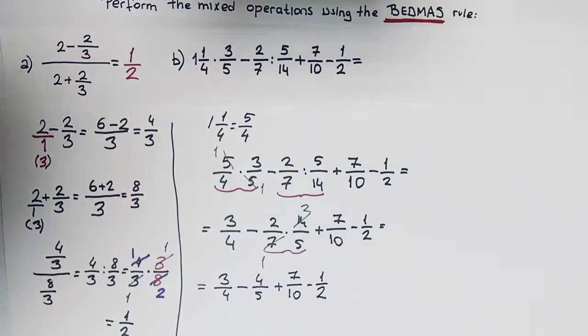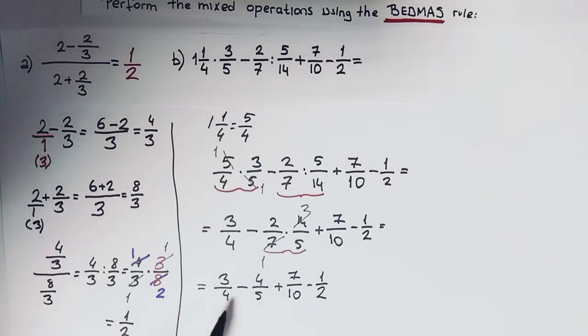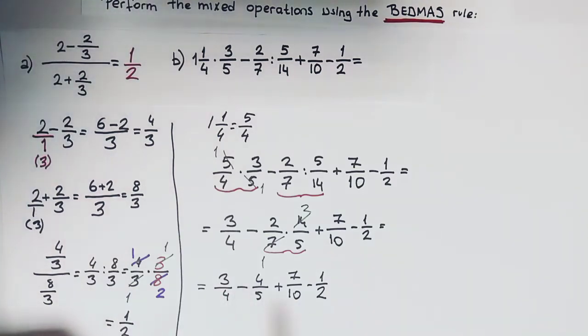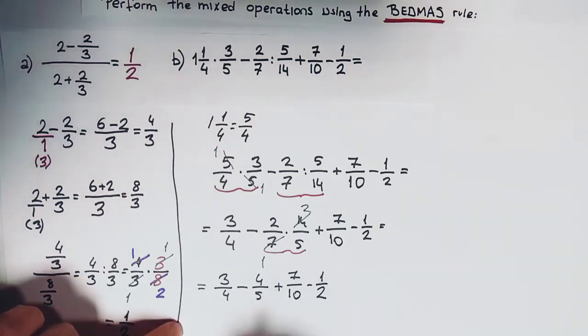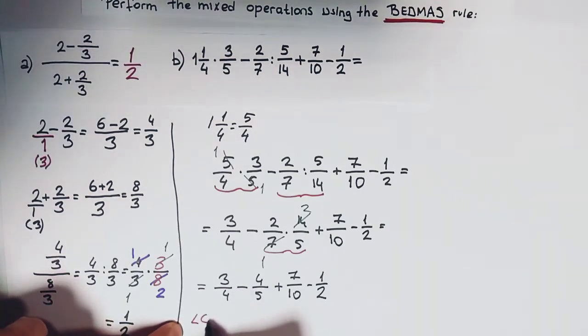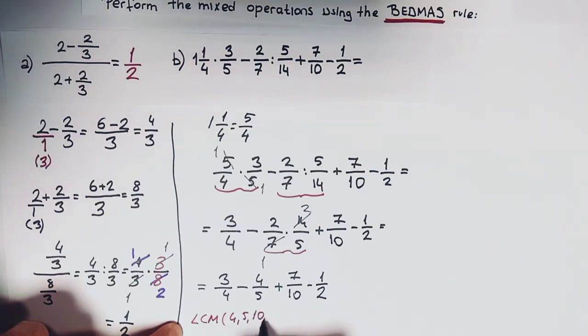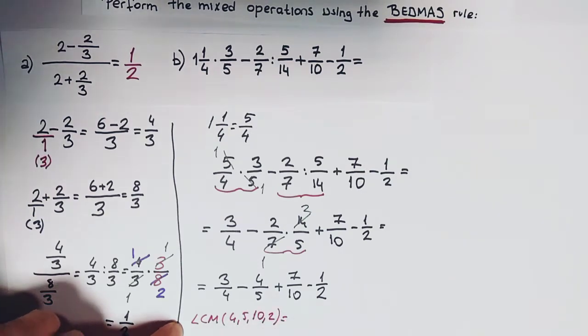Okay, now we have only addition and subtraction. To finish this, we have to have equal denominators. The question is, what is the LCM of 4, 5, 10, and 2?